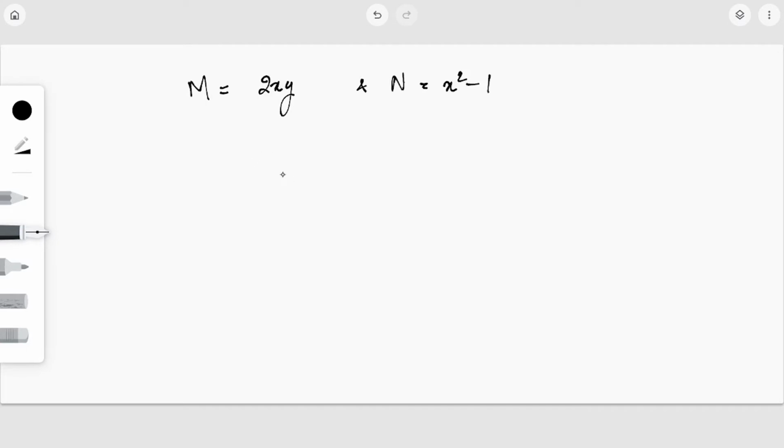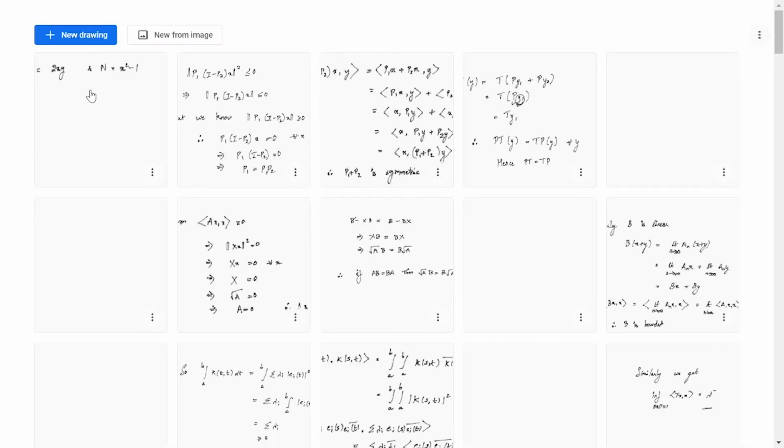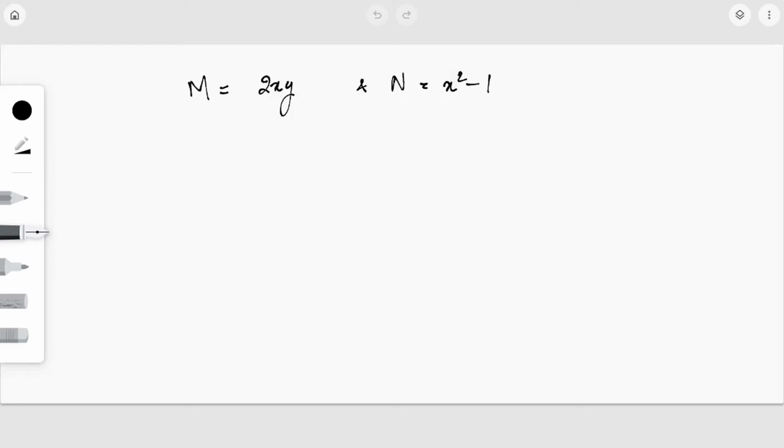So it will be x square by 2 into 2y. 2 and 2 get cancelled, so we get the term x square y, plus integrate N with respect to y, removing terms of x.